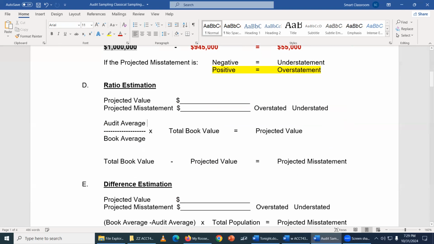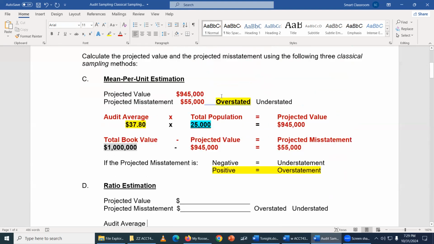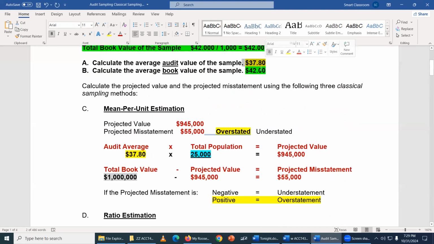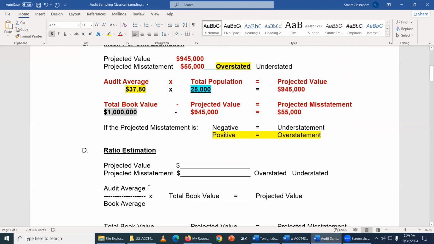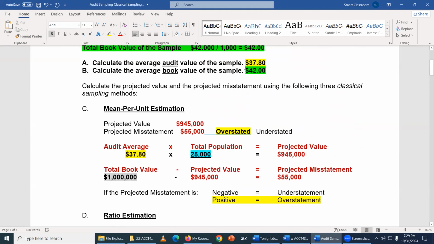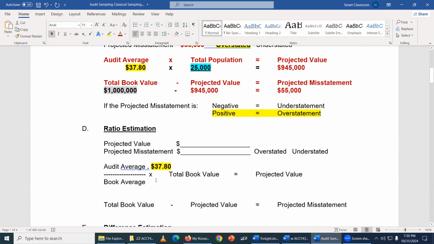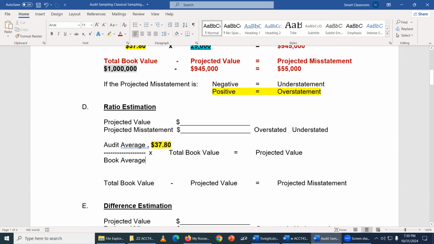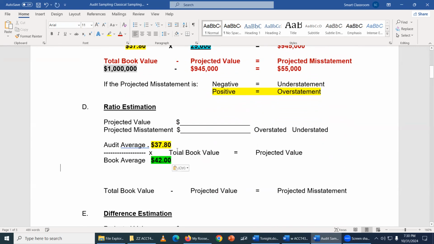So I think I'm going to put it in here. Our audit average is 37.80, times our book value, which is a million.